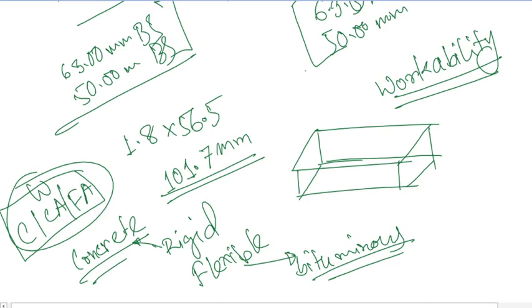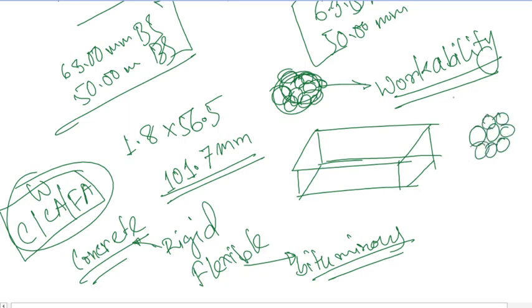And if you can easily blend these aggregates together using cement, then you will denote it as workable concrete. From the aggregate point of view, if the particles are rounded, it will give you a good workability indeed.